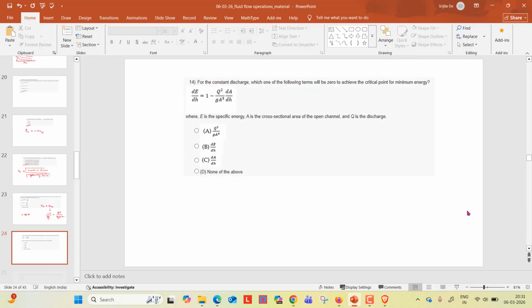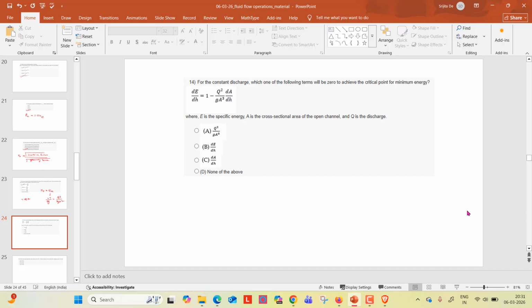Next, for the constant discharge, which one of the following terms will be 0 to achieve the critical point for minimum energy? We have done this definition also. So it is dE by dH equals 0 at Hc, at critical depth.